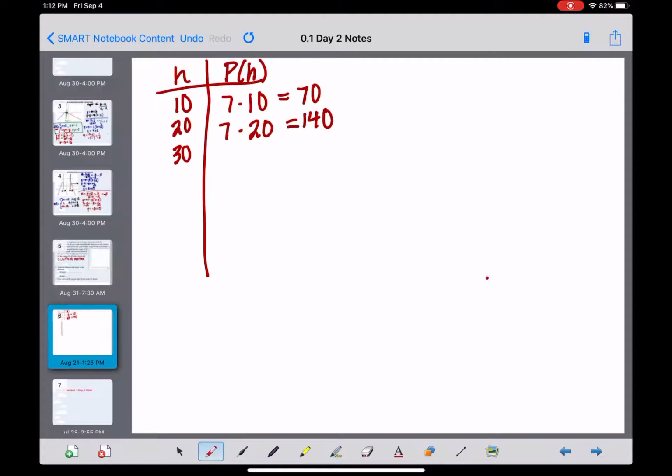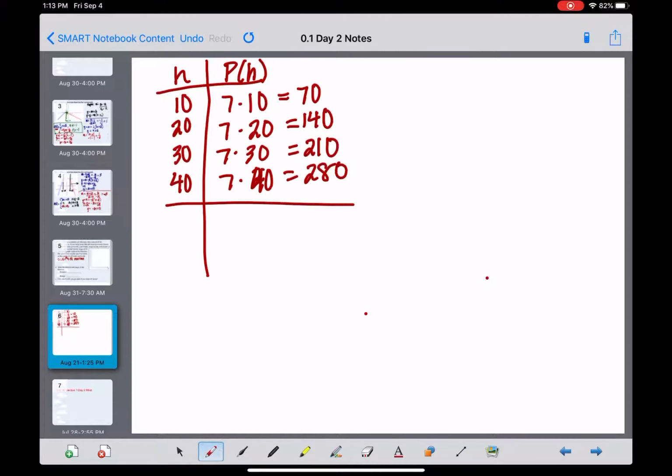Okay, continue that pattern. We get $210. Say I work 40 hours. I get paid for those 40, $280.